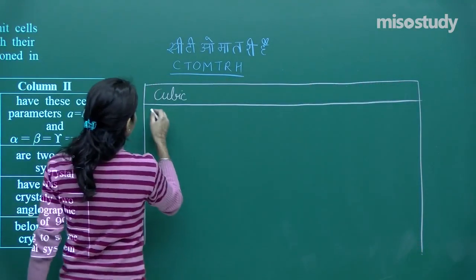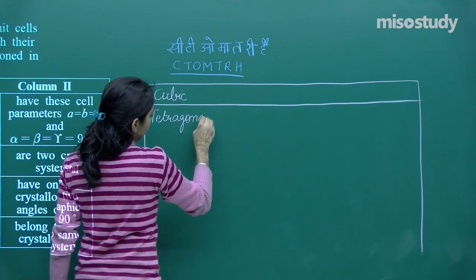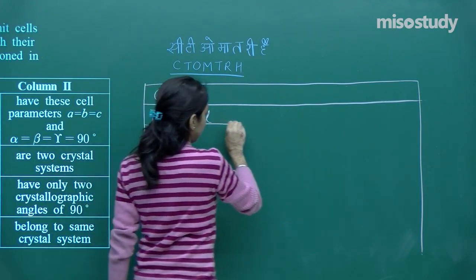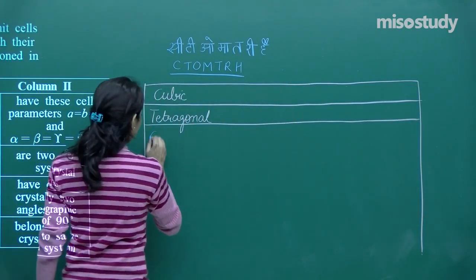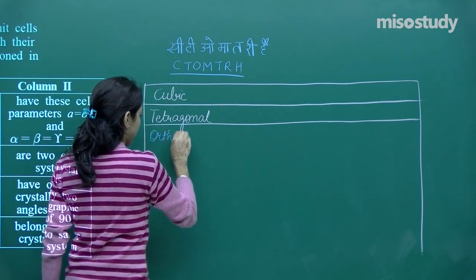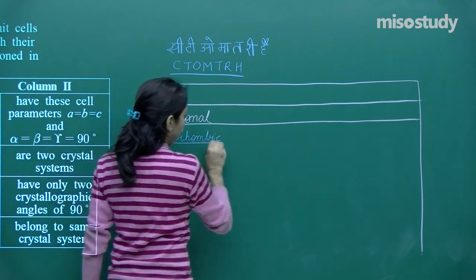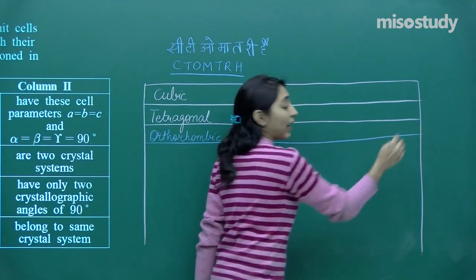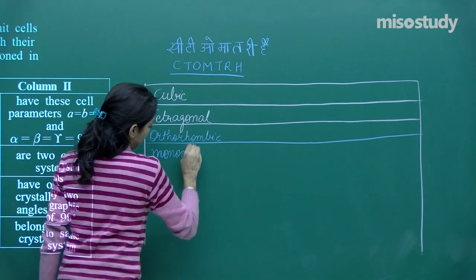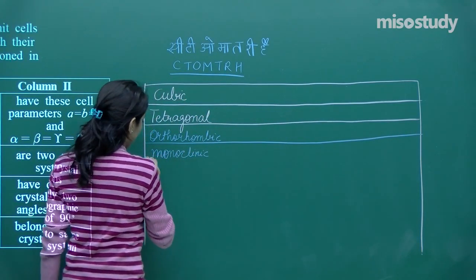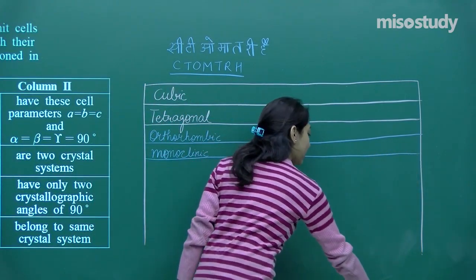Then we have tetragonal, C, T. Then we have orthorhombic, O. Then we have monoclinic, M. Then we have, after this, triclinic.